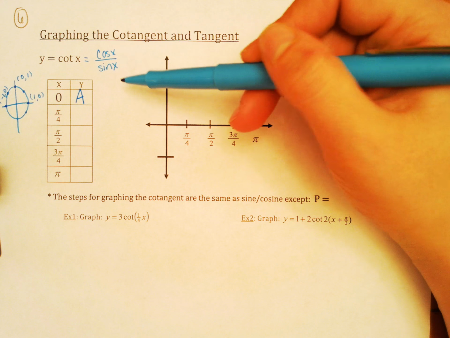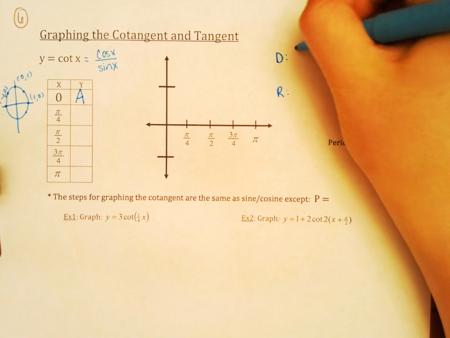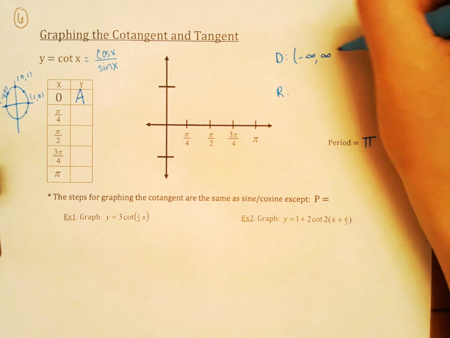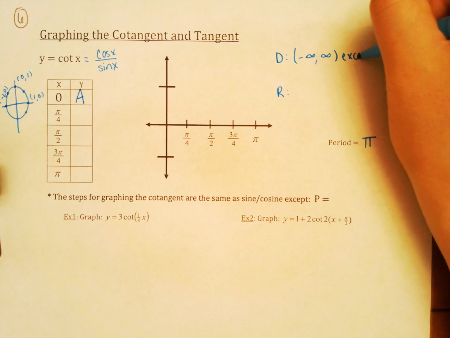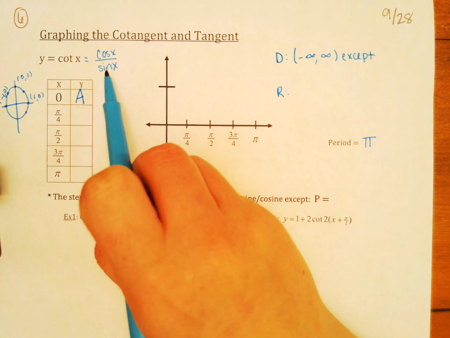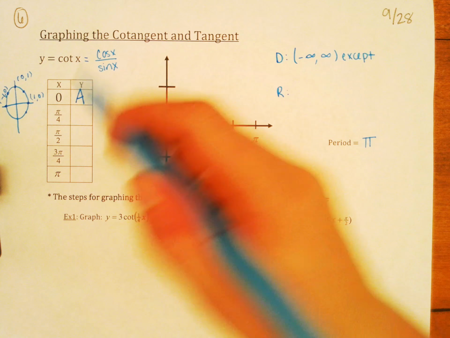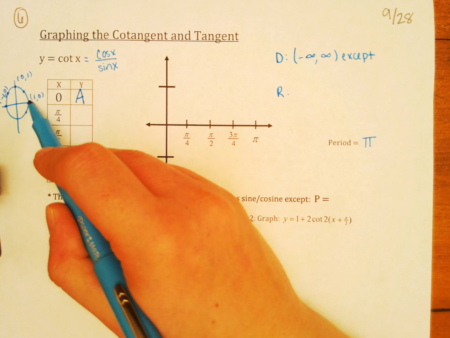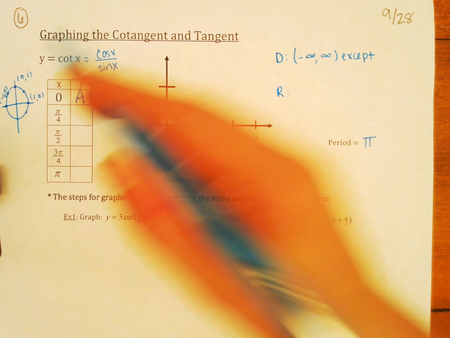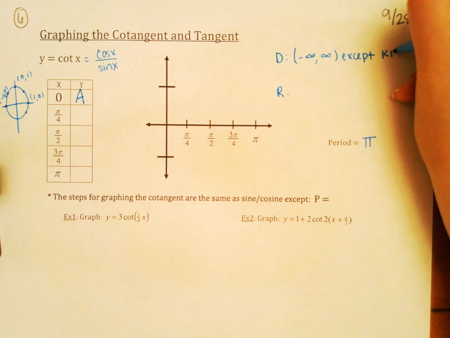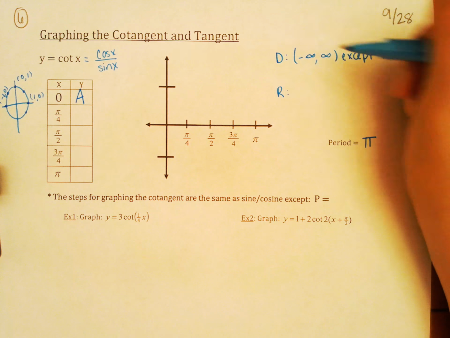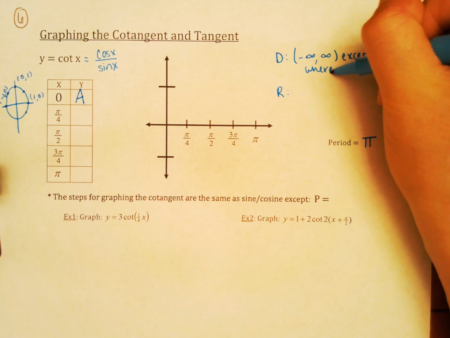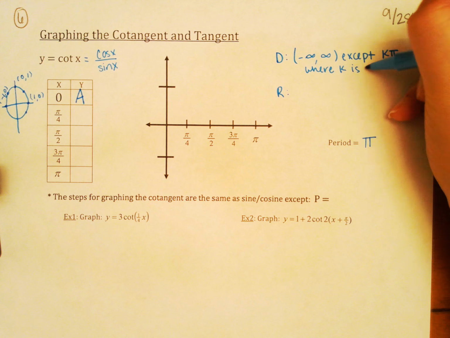It's actually the same domain as cosecant, which we just talked about last video. So our domain is negative infinity to infinity, except we have to exclude the places where sine is 0, and that happens at 0, it happens at pi, it happens at 2 pi, it happens at 3 pi, it happens at 4 pi. So we're excluding all those k pi values where k is an integer.